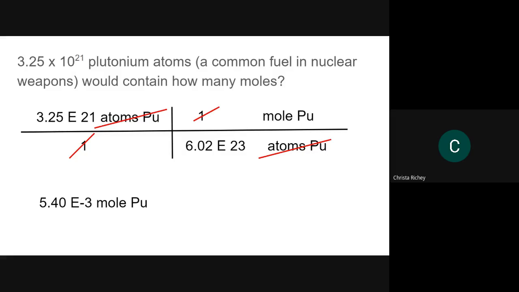You know the decimal is supposed to be after the first real number? And I want 3 numbers because of the 325, so that would be 5, 3, 9. This rounds that up, so 540. And then I had 1, 2, 3 jumps to the left, which is why it's negative. And now I'm in moles of plutonium.